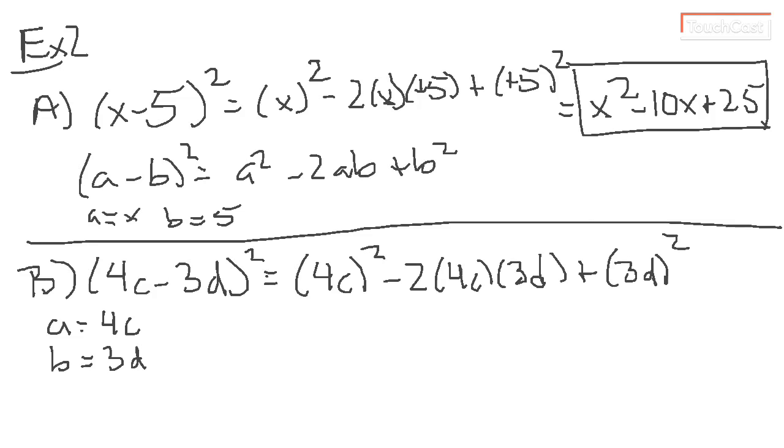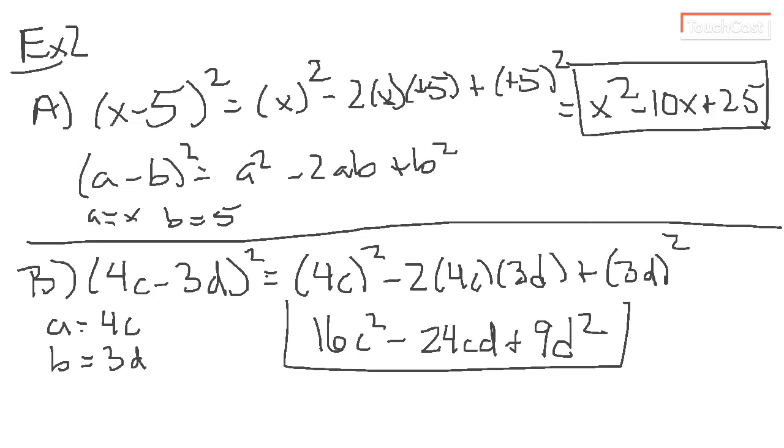Well, 4c squared is going to be 16c squared, minus 2 times 4 times 3 is 8 times 3, which is 24cd, plus 3d squared is going to be 9d squared. So our answer is 16c squared minus 24cd plus 9d squared.